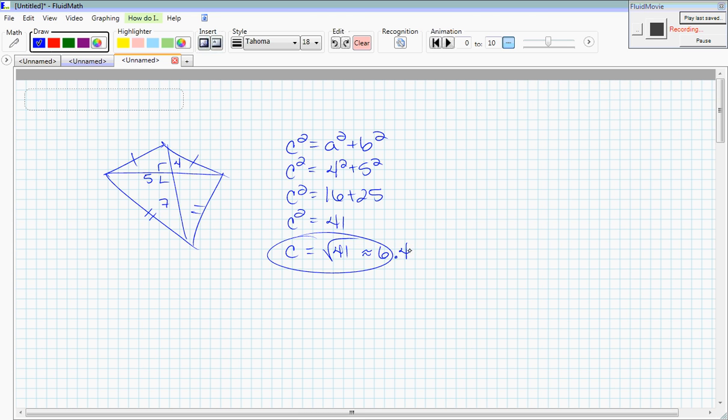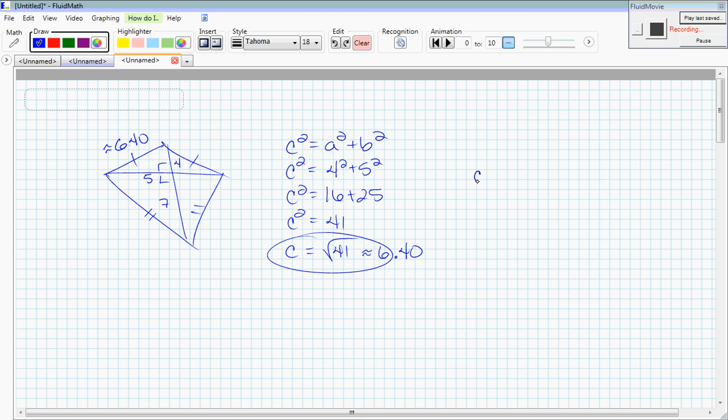Since it says to the nearest hundredth, this is the tenths, hundredths, it's 0.3, but it says in terms of hundredths, so we'll put 6.40, okay? Now that is this answer here, okay?